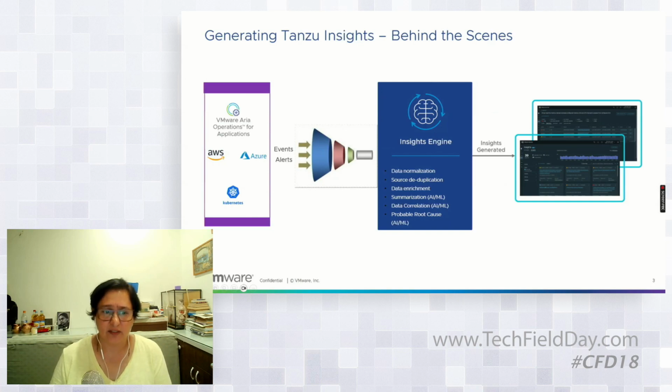It takes events and alerts, also called observations, and these get into the insights engine where all the events and alerts coming from these multiple sources are deduplicated, summarized and correlated with each other, giving you probable root cause for the issues you're seeing in your environment, to generate insights that give you visibility into your environment.